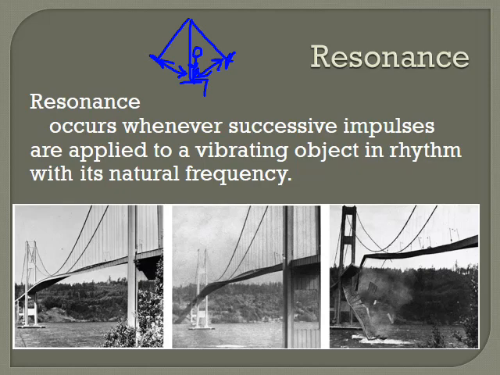That's what we call resonance. If you really want to make the child swing higher, you have to be in time with their swing. You only apply a force when they're back closest to you at their high point. If you were to apply a force when they were coming back toward you, let's say at the lowest point, you would actually cause them to stop. So you would not be in resonance there.